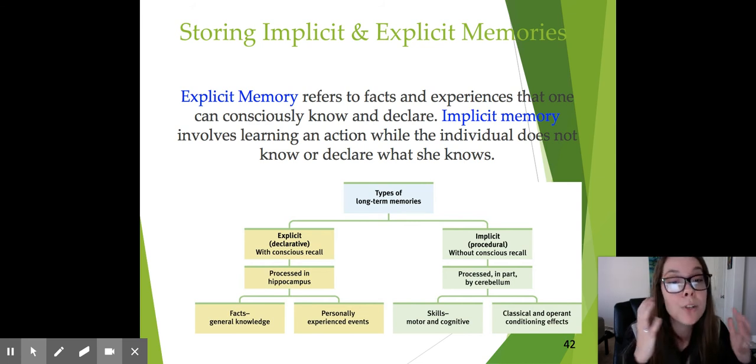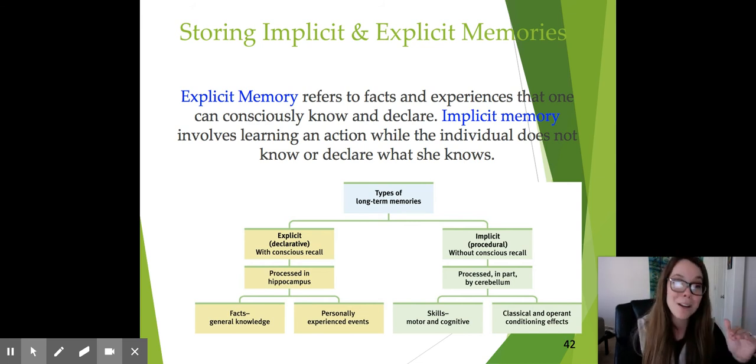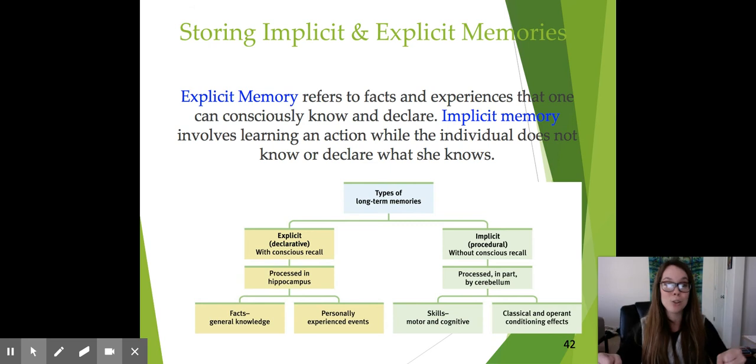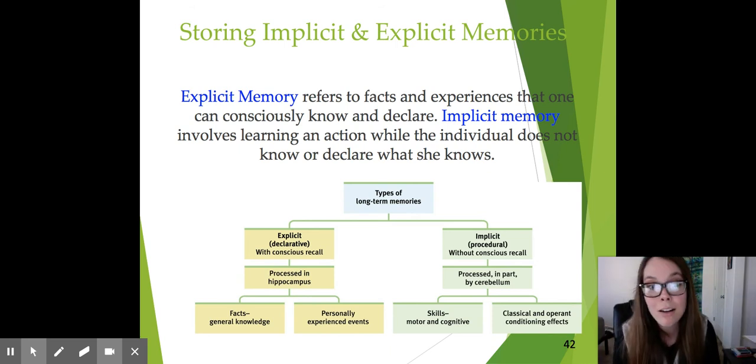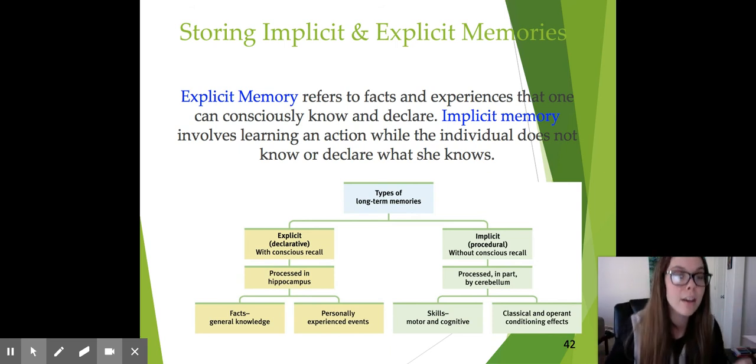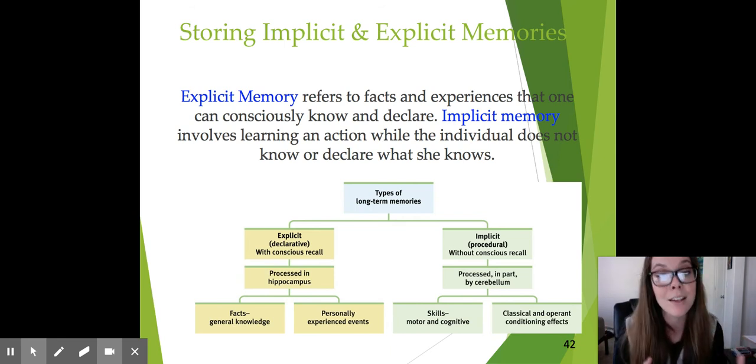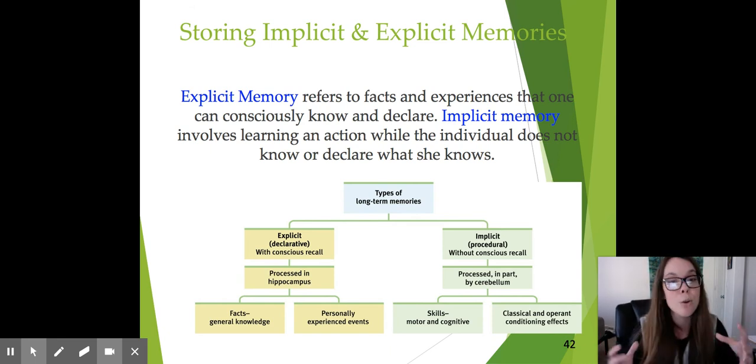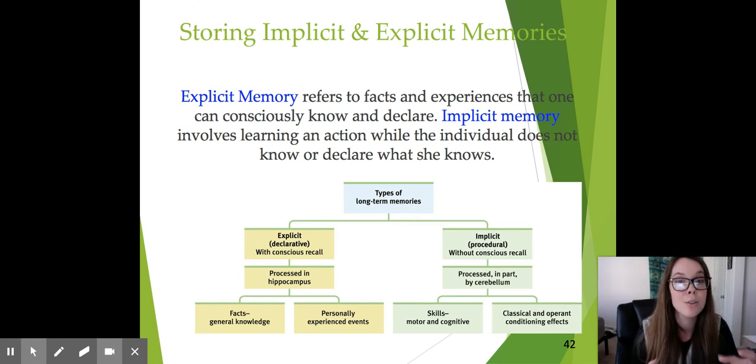If you've ever been driving a car, and I highly recommend not doing this, but this happens to me all the time, have you heard of highway hypnotism? I'm just driving and then I'm kind of already there, but my brain automatically knows how to drive a car. I don't have to consciously think. The more experience you get at driving, the more implicit it gets. That's why everyone says you become a better driver with experience. These are skills that you don't have to think about.